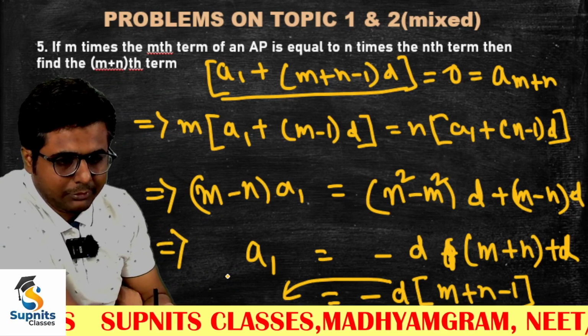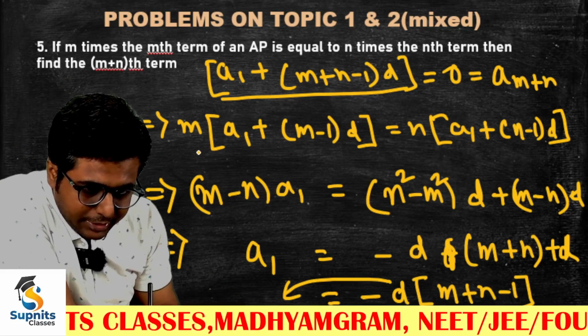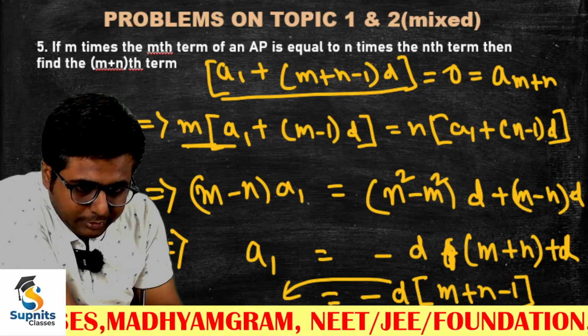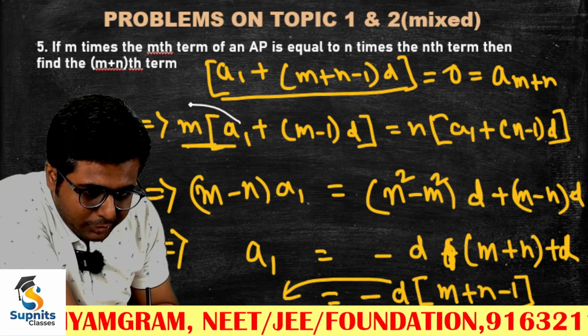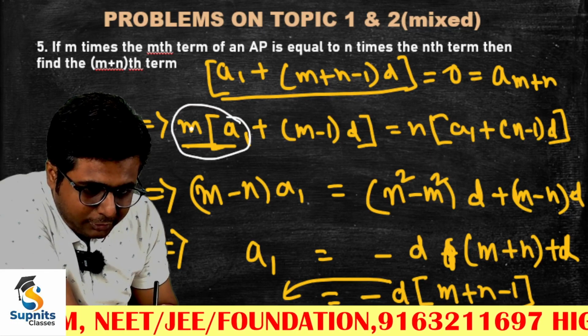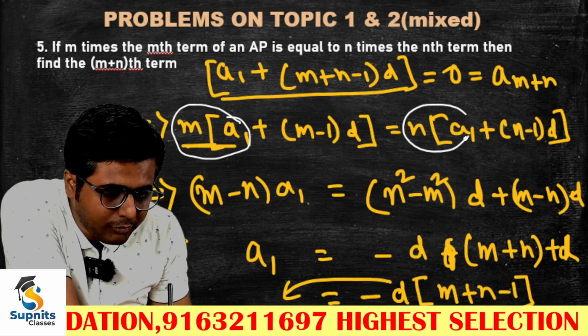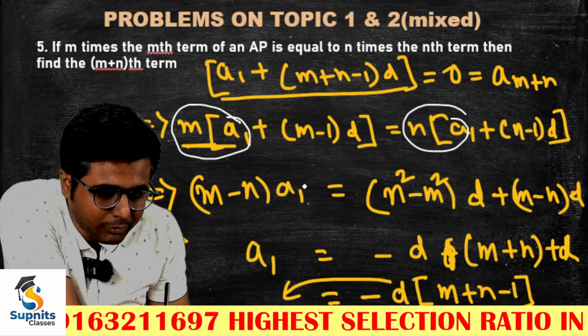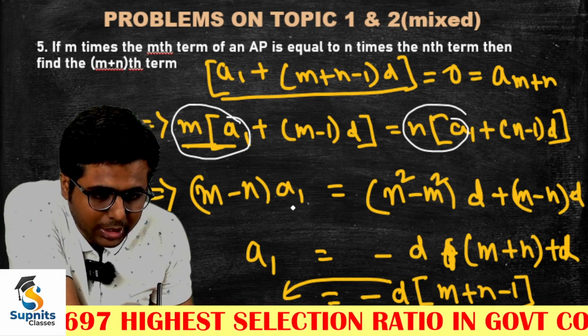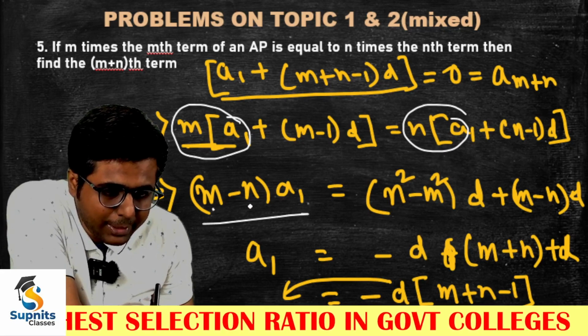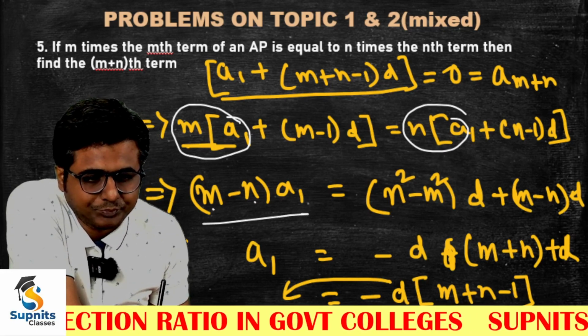I am going to explain what I did over here. See, here there is m a1, and here there is n a1. So, I brought this n a1 to this side and took a1 common. So, m minus n into a1.